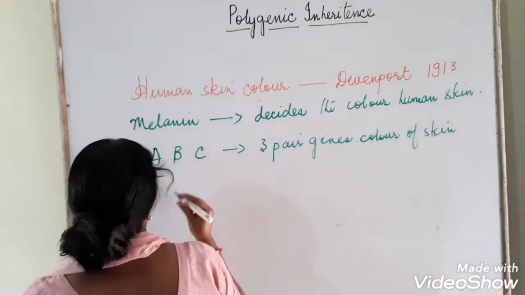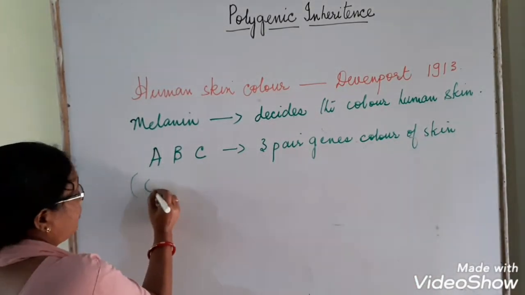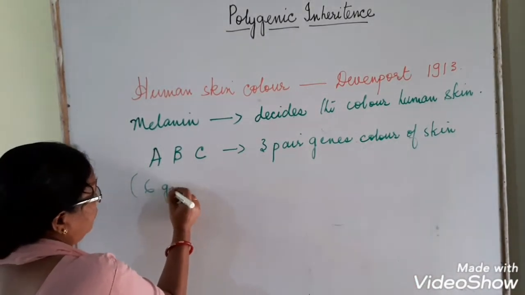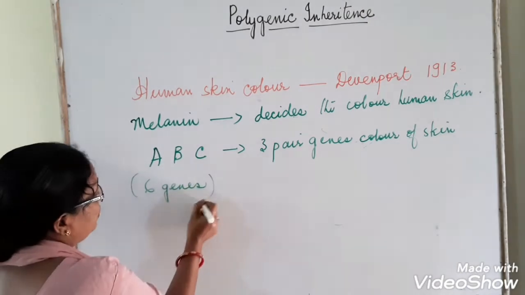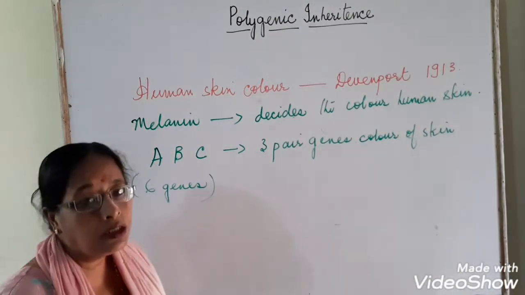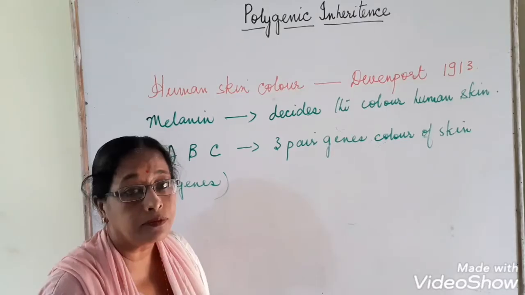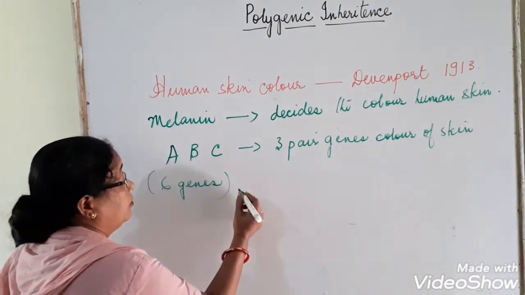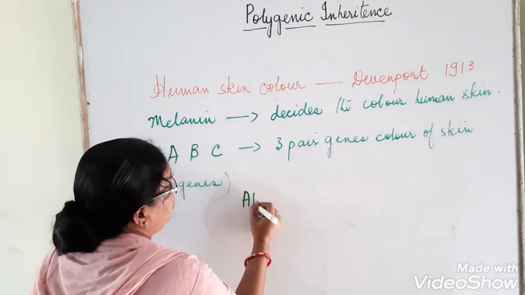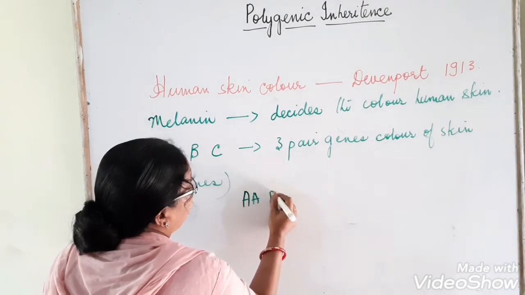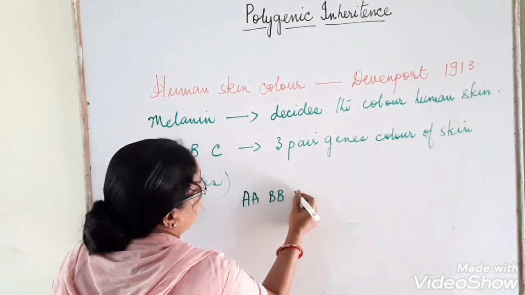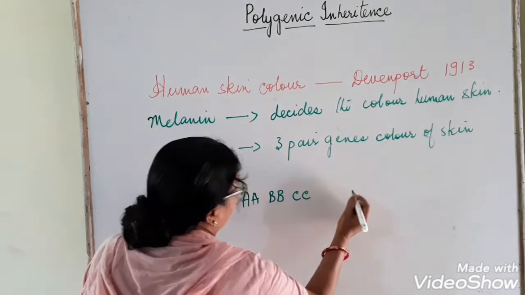This is human skin. So we can say that 6 genes decide the color of the human skin. Now dominant pairs we can take A, BB and CC, and recessive pairs a, b, c.